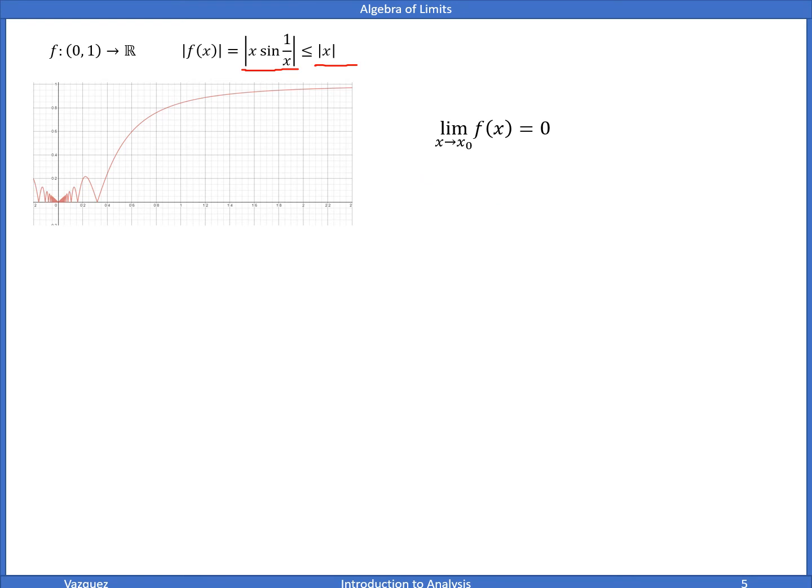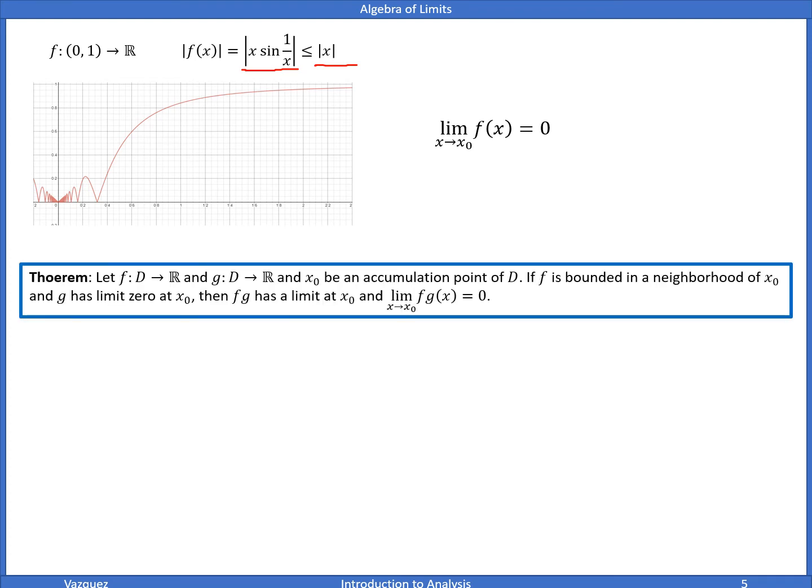So remember with sequences, where you have a bounded sequence and then a sequence that converged to 0, well then the product of the sequences converged to 0. And it's going to be the same reasoning here.